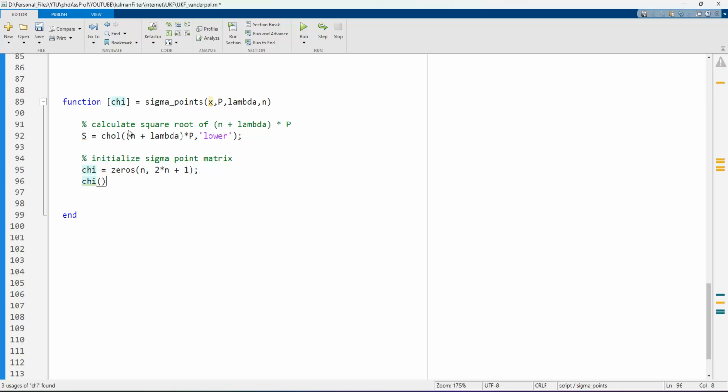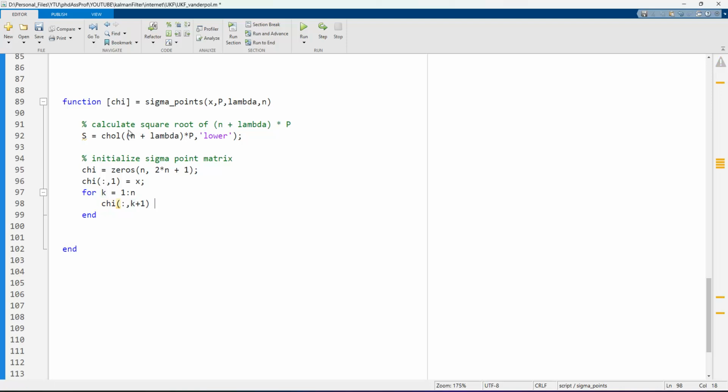And so the chi first value is equal to x, and so for k 1 to n. And so we need to give the upper and lower boundary conditions.